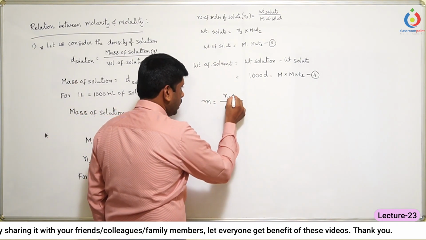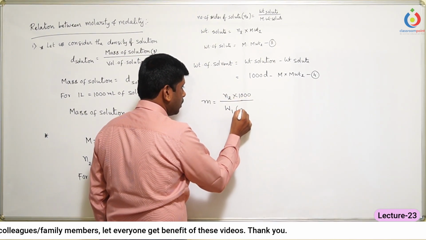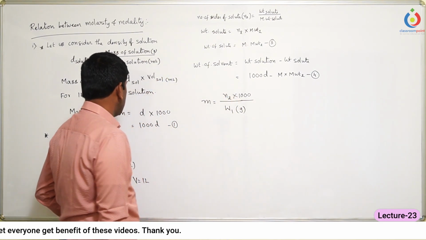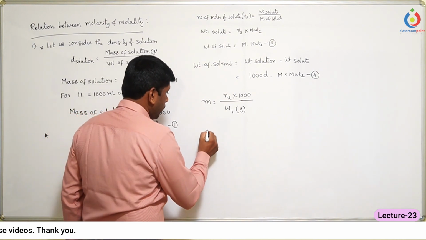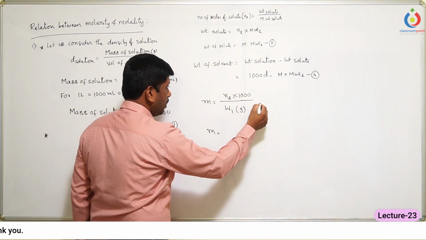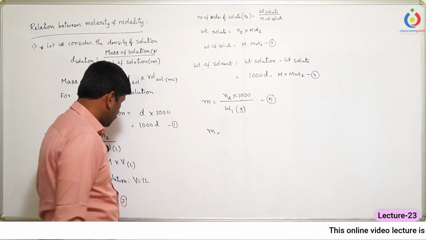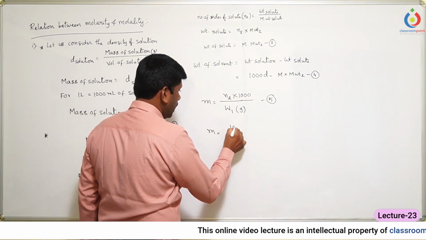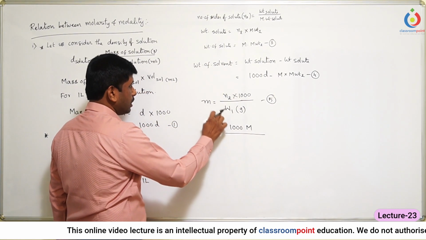So I am going to take the mass of the solvent in grams. Then here number of moles of the solute, already here we calculated, that is equals to molarity. So that substitute all these values in the equation number 5. So molality equals number of moles of the solute means molarity. So molarity into 1000, so that I can write down that 1000 m divided by mass of the solvent.